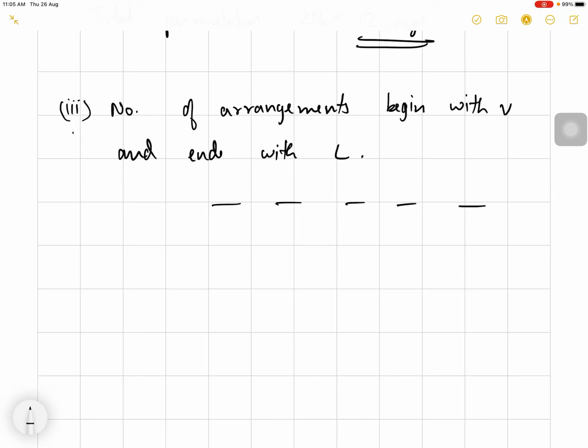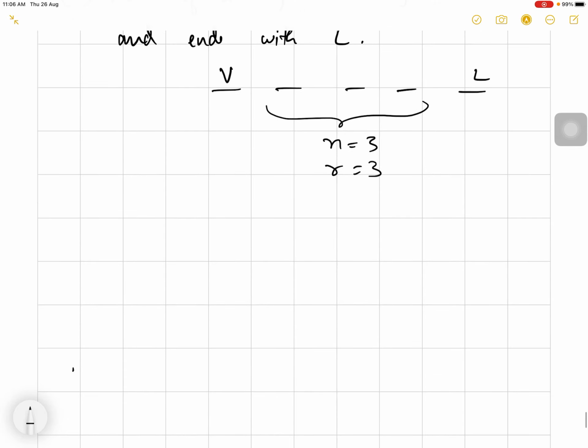Out of 5 places, first place is always V and last place is always L. So 2 places are fixed. So remaining 3 places are left, right? So 3 places are left and 3 letters are left. So n is equal to 3, r is equal to 3. So 3P3 is the answer because 2 places are fixed, right?